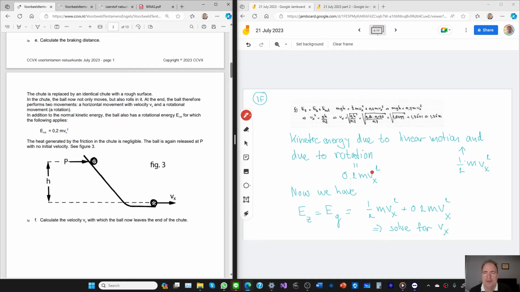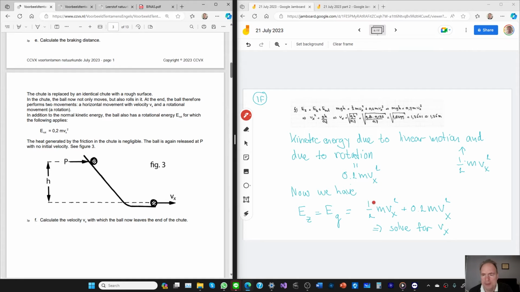So now we use the same concept that the energy is converted from potential energy into all the kinetic energy. And still we ignore the heat generated by friction while the ball is rolling, which is probably reasonable.